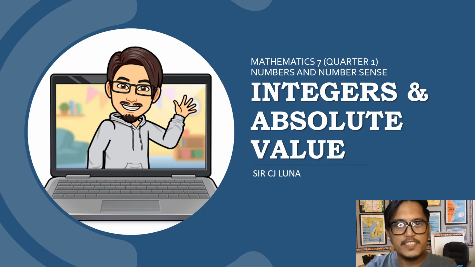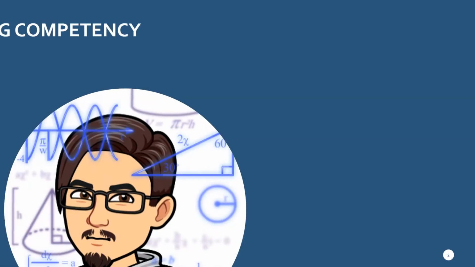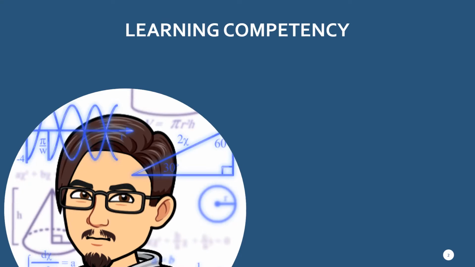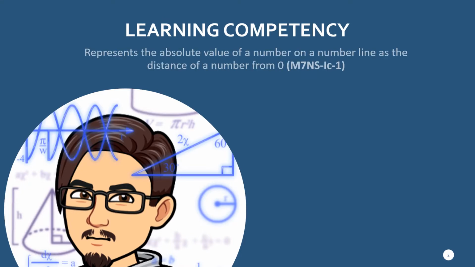Good morning, students. Today, we will learn about integers and the absolute value of a number. For this lesson, we will have this competency. Represent the absolute value of a number on a number line as the distance of a number from 0.